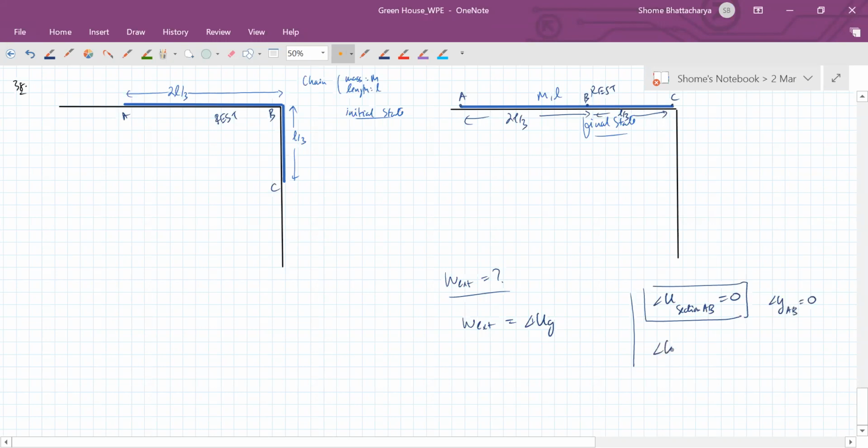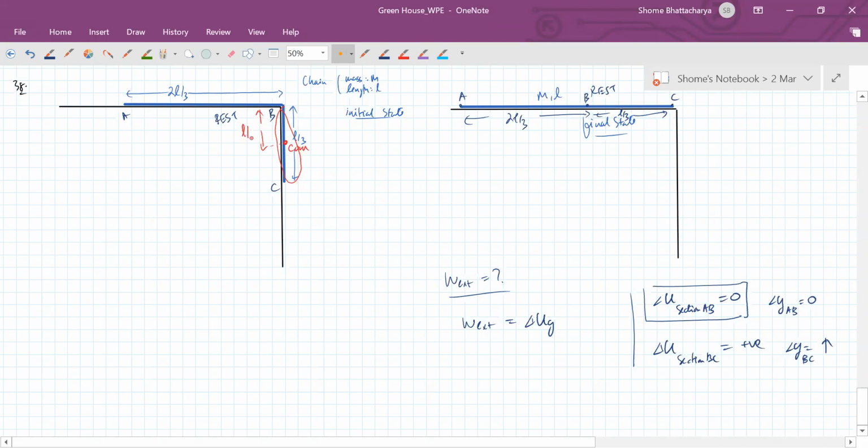But the change in gravitational potential energy of the section BC is something positive because that has gone up. It's a positive quantity. So how will we find it out? The section BC, its center of mass is here, at the midpoint.